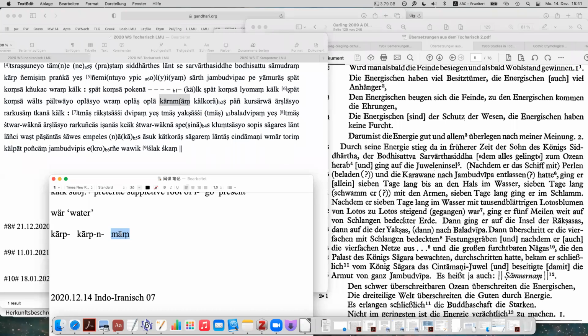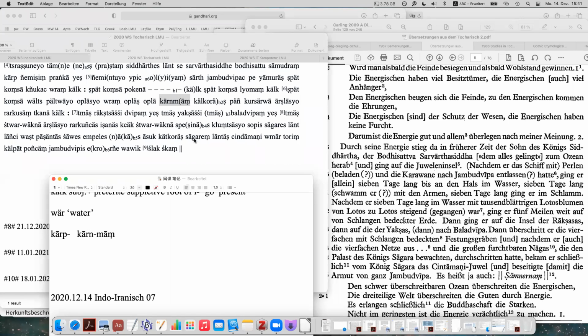And then we use a middle participle, man. So this is the reason why we have this. But you can see there are 4 consonants getting together, so we have to make some simplification. So this is why we have karn, man.